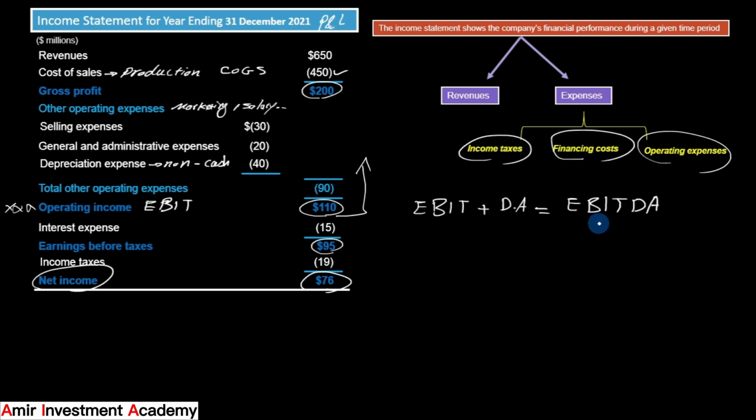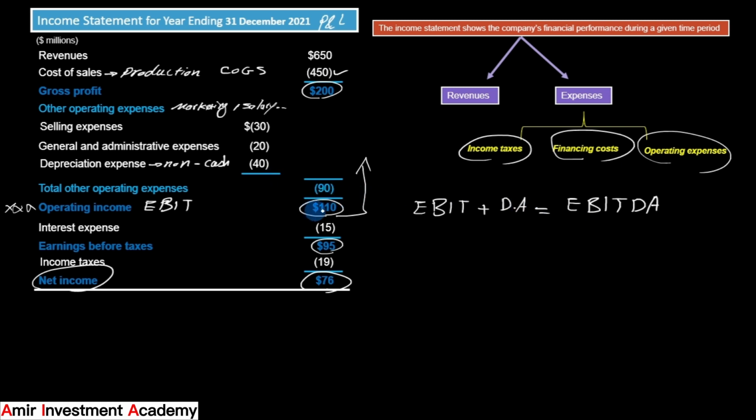And you might, again, hear this term a lot. EBITDA, because we have added the non-cash expense to our operating income. So this is actually a much better number if you want to judge the whole management team and the CEO and everybody involved in the operation. This is a much better number to judge the whole management based on.